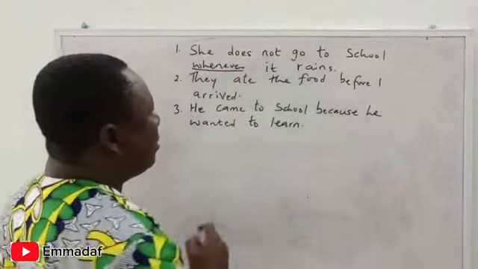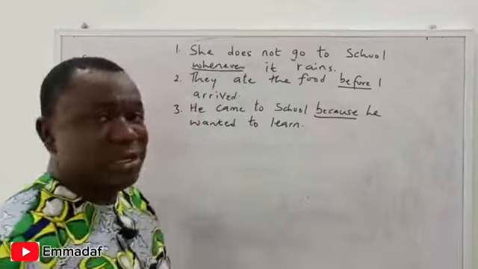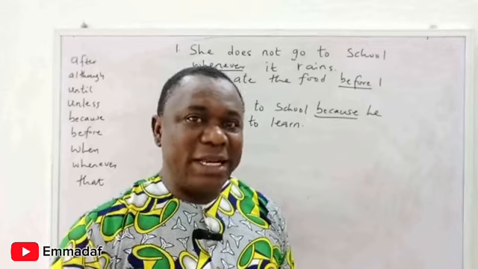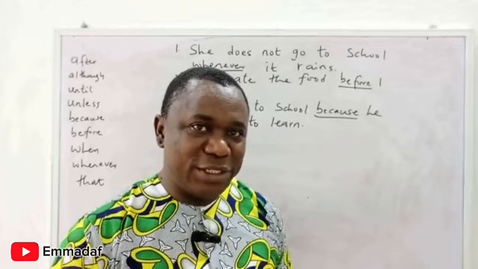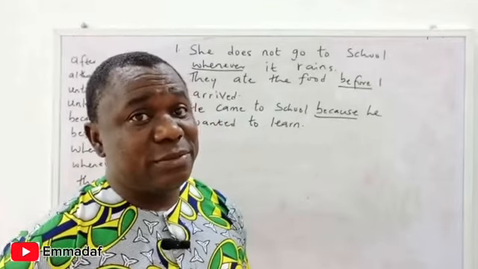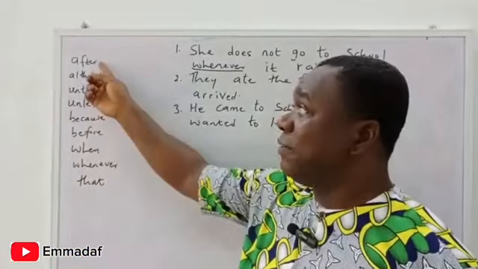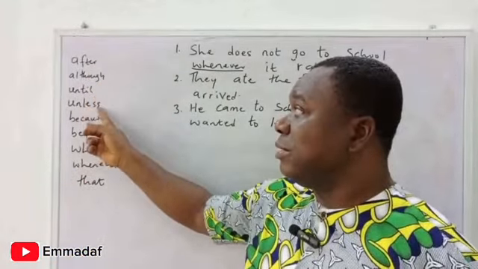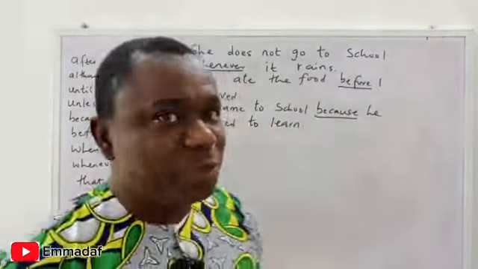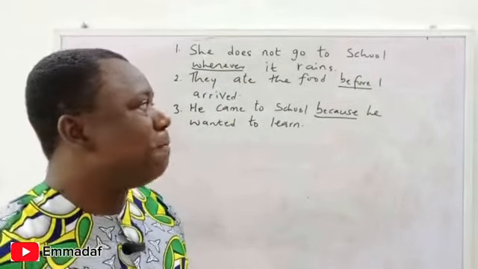Whenever, before, because, these words function as subordinate conjunctions, and they introduce the subordinate clauses. Of course, these are not the only words that function as subordinate conjunctions. There are many more. For example, after, although, until, unless, because, before, when, whenever, that. These words also function as subordinate conjunctions.